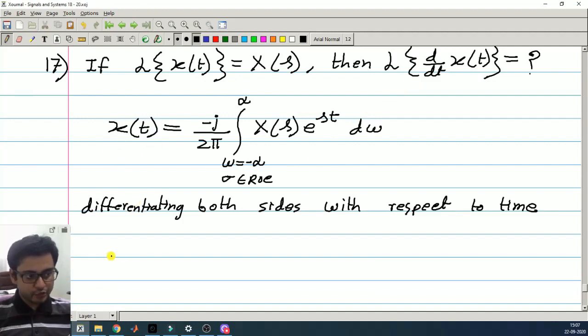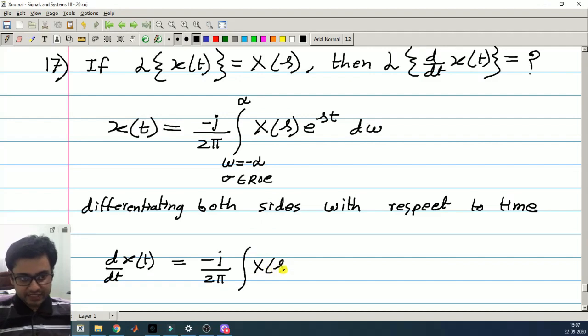So left side will become dx/dt and the right side will become minus j by 2 pi, and capital X(s) is not a function of time, so let me write it as it is, and derivative of e to the power st is e to the power st multiplied with s, then d omega from minus infinity to plus infinity.